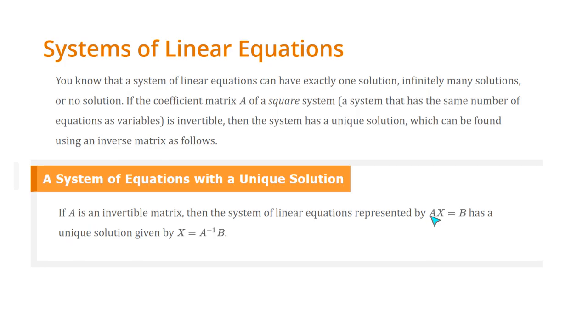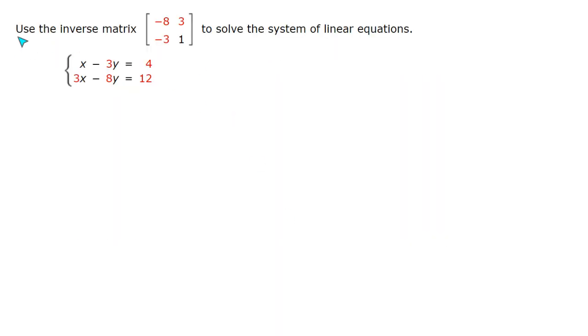But in order for us to solve for X, since that's what we're trying to solve for, the variables, then we can rewrite it as X is equal to A inverse times B. So A represents the matrix of your coefficients. X is just your matrix of all your variables. So if you have variables that are X and Y, that's where that would be. And then B is your constants, okay? And you're going to see that here on the next slide.